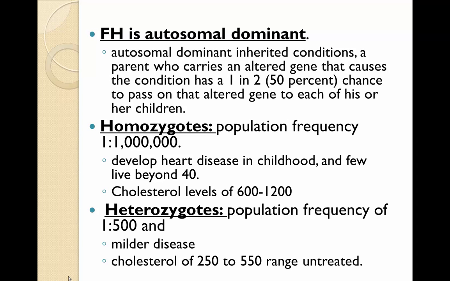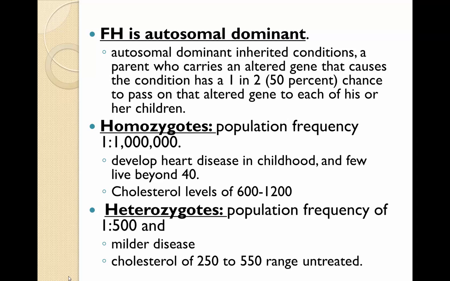But their heart disease and heart attacks and damage to their coronary arteries, research shows they don't live as long as the general population. And these people are going to have cholesterol levels in the 600 to 1200 range, and medication isn't going to help them.